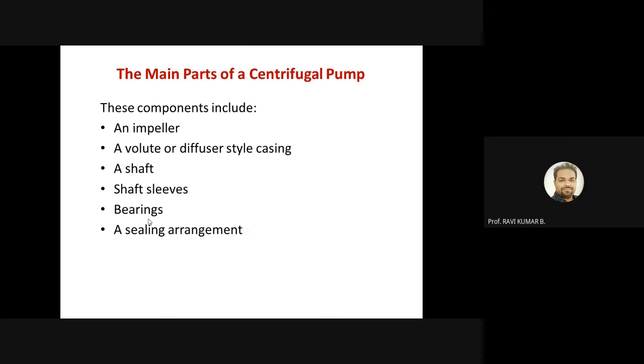Various kinds of bearings can be utilized, like a plain bearing, roller element bearing, jewel or fluid bearing, or magnetic bearing. Any one of these types can be utilized for reducing the frictional losses between the shaft of the rotor and the stator surface. So these are the main important parts of the centrifugal pump.